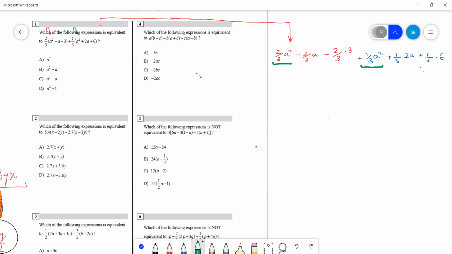You're right, because when you add the fractions, you keep the denominators the same. The denominators are already the same, so keep 3, and then 2 plus 1 is 3/3, and that's 1. So 1a to the second power. We don't write 1 because if it is x, it is actually 1x, but we don't write 1, so we can write a squared simply.